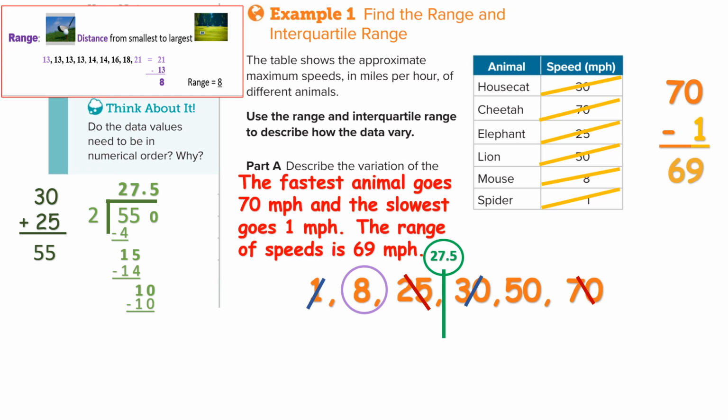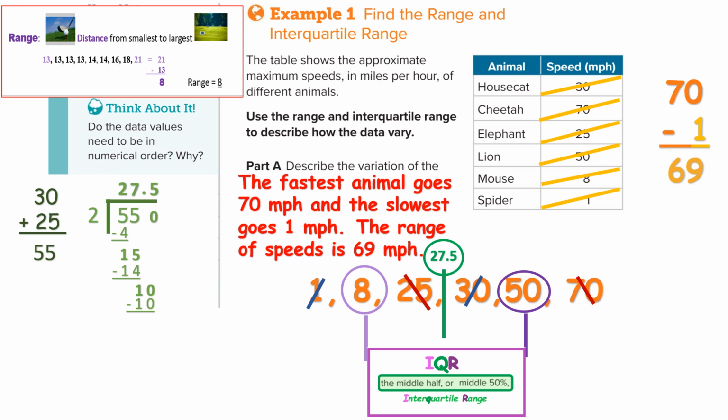Same thing on the right. Because my lower quartile is 8, then my upper quartile is going to be the middle of the second half of the data. So when I get rid of the 30 and the 70, I'm left with a 50, once again making my life easier because I don't have to do the math to find the median of that group. But what we're seeing then is that the lower quartile is 8, the upper quartile is 50.